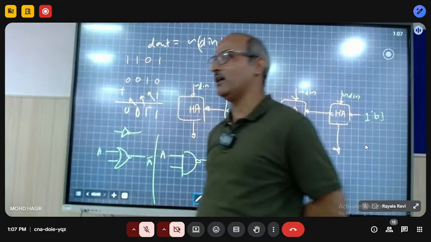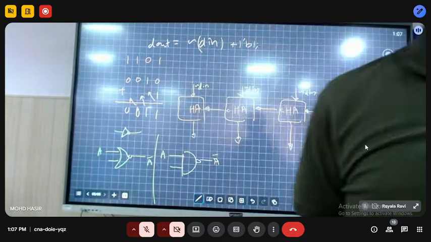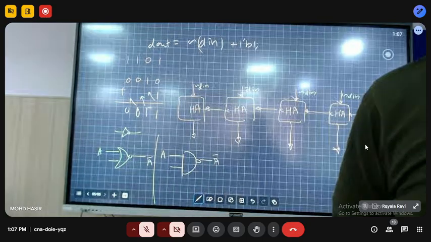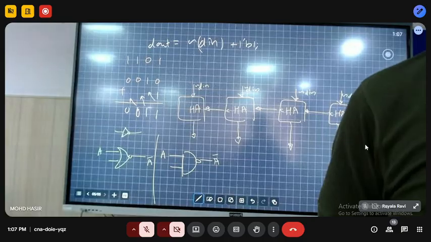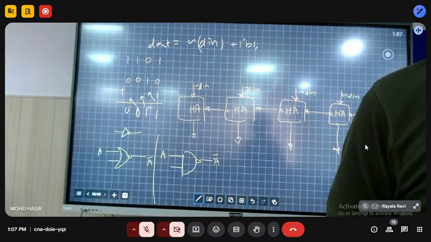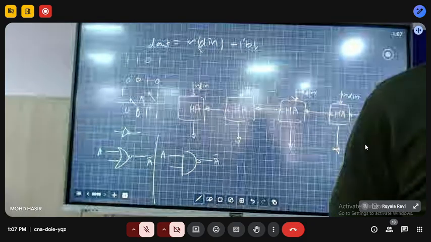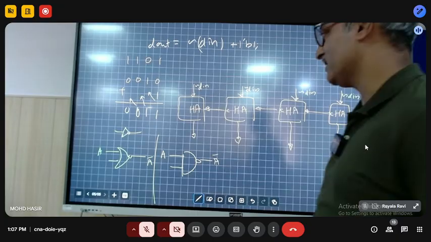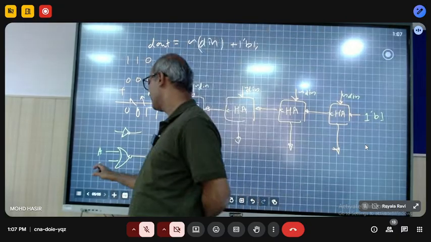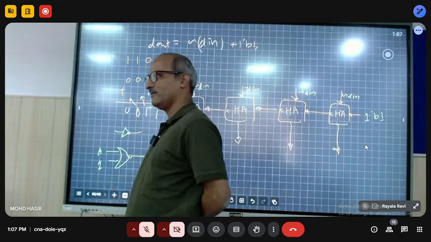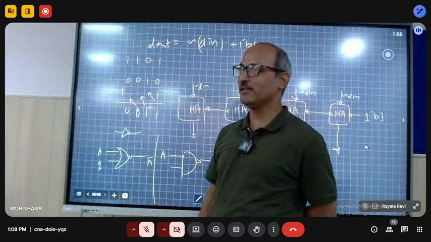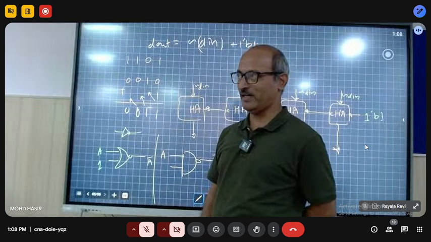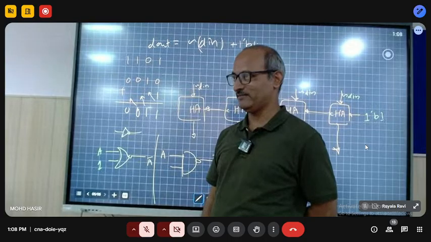Now how are we going to get that inverted output? There is another option. We do have different ways to invert the output. One is simply using an inverter, the other is using a NOR gate. Okay. Let us look at these options.